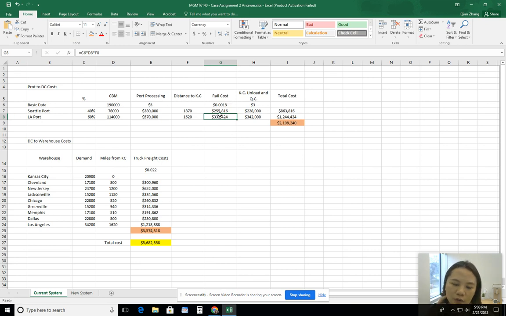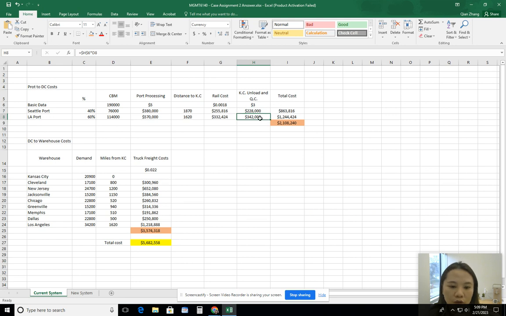The last thing we need to consider is the unloading. Unloading in Kansas currently is only $3 per CBM. So we use 3 times the CBM for Seattle to Kansas, and then we will have the total unloading cost, and in the same way we can calculate the total unloading cost for the imported products from the LA port to Kansas.